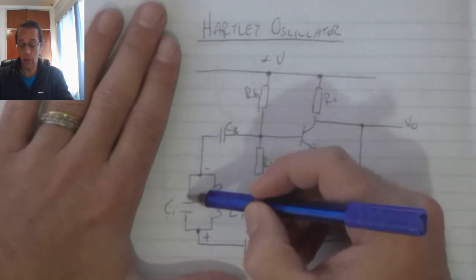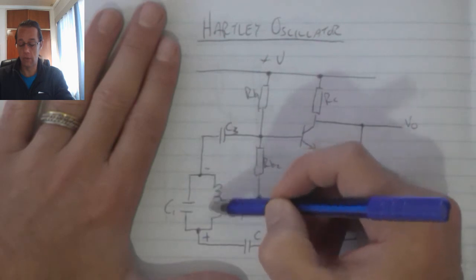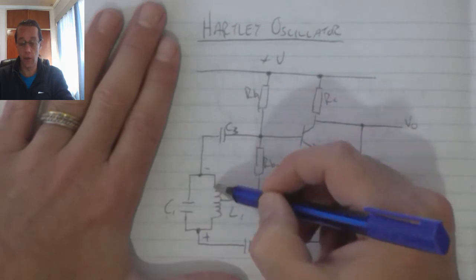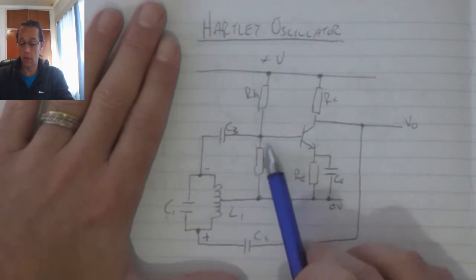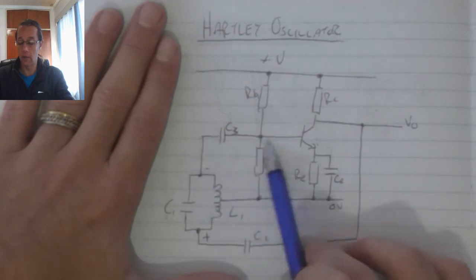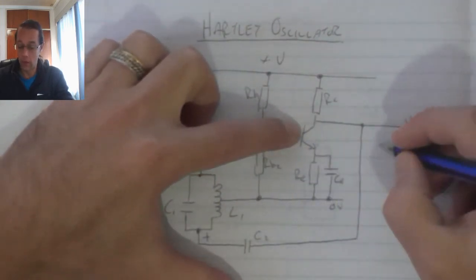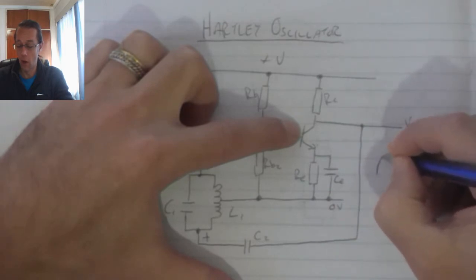That will cause the capacitor to start charging and the inductor to start resisting that change in current. This section of the coil is in parallel with the base biasing resistor there. As a result, I'm feeding a negative into the base, which turns my transistor more off, which in turn will cause an increase in voltage.